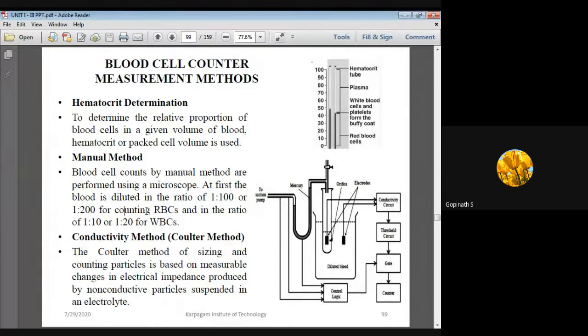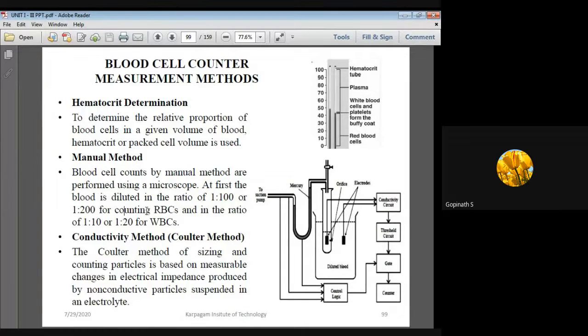That is why it is also named the Coulter method. But in general, we use the name conductivity method. This Coulter method is used to identify the size and count of RBC, WBC, and hemoglobin concentration.